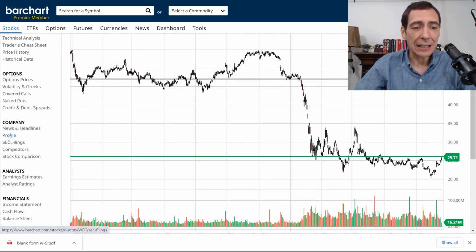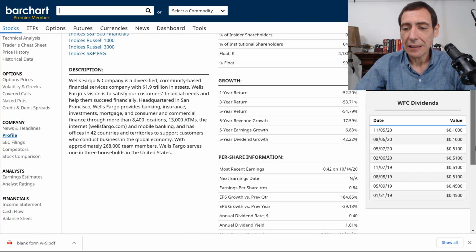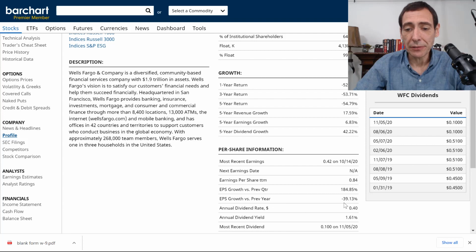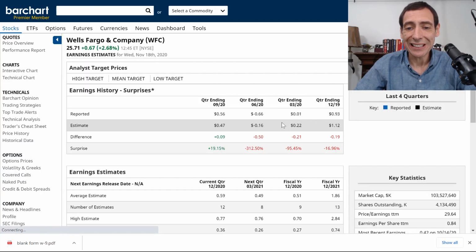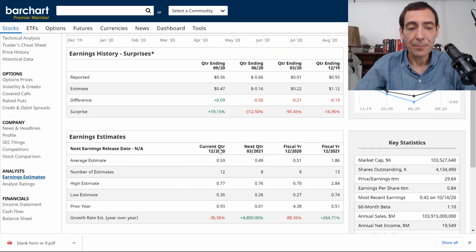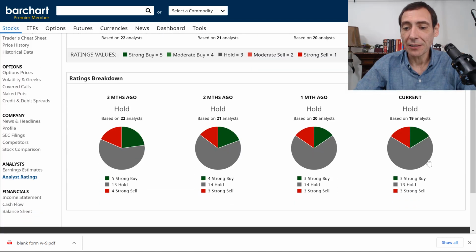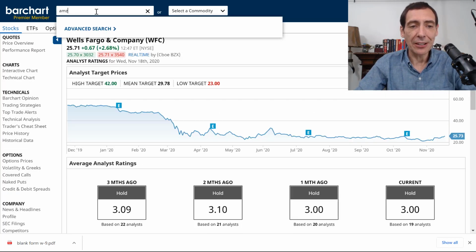And if you look at the profile of the stock, you will see that the earnings revisions versus the previous year have gone down. If you look at earnings estimates, you will see that a lot of them are negative. See? Negative, negative. And if you look at analyst ratings, you will see that Wells Fargo has 13 holds.